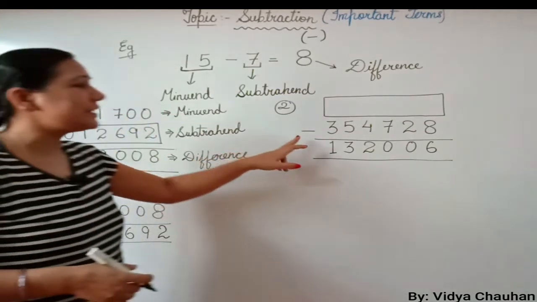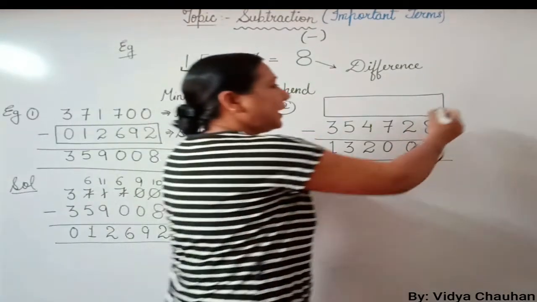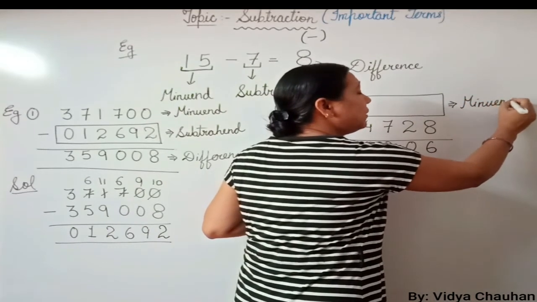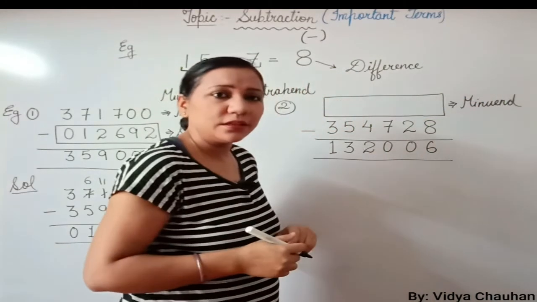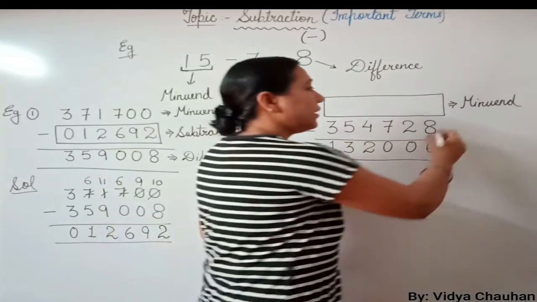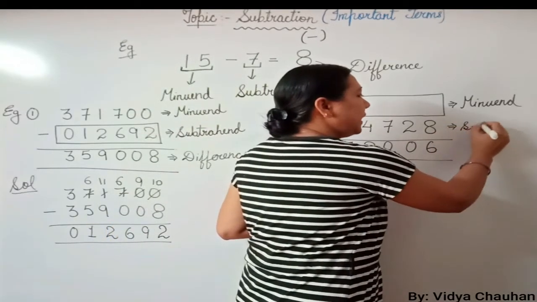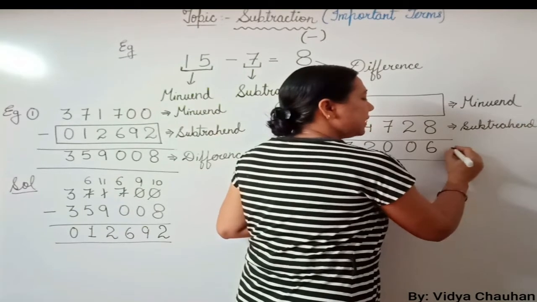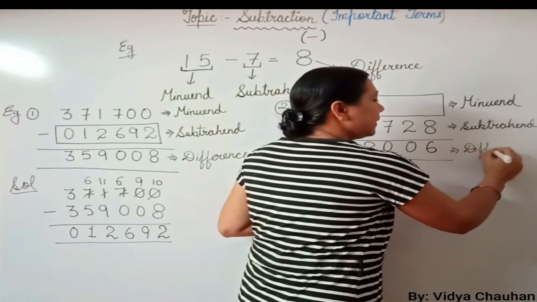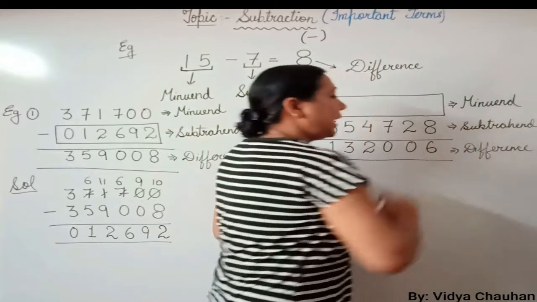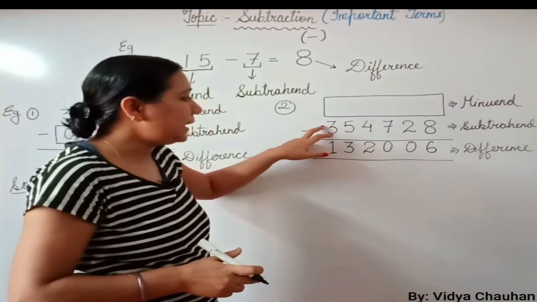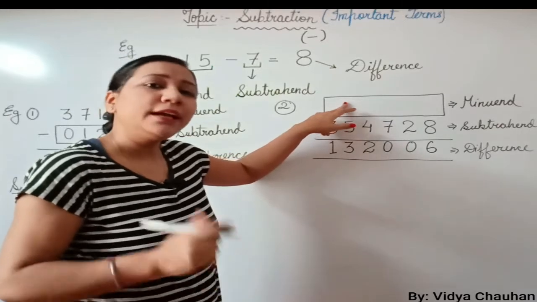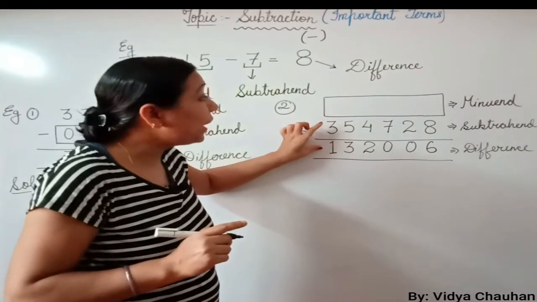Moving forward to the second example, once again this is our minuend, and in this example minuend is not given to us, but subtrahend and the difference are already given. So when subtrahend and difference are given and you are asked for the minuend, in that case you have to add.